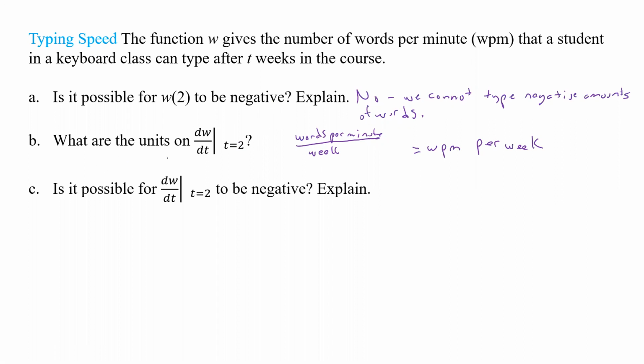Now, is it possible for the derivative of this W at t equals 2 to be negative? Well, maybe on the first week you were at 40 words, and the second week somehow maybe you hurt a finger and you dropped to 30 words. Is that possible? Yeah, because what this is saying is your rate at week 2 is going to be negative.